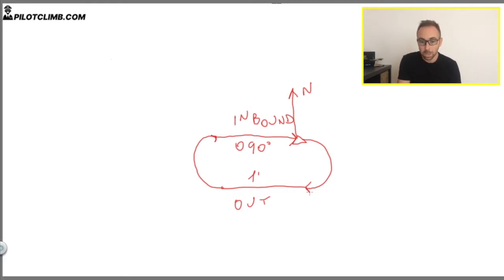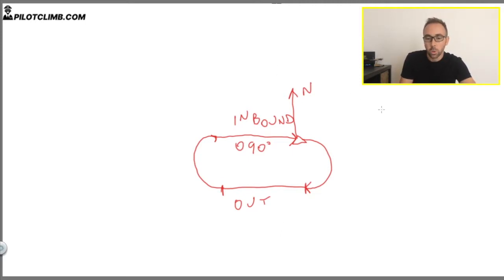For example, if you take this holding pattern, instead of making it with time, we make it with distances. We can say that the distance from here to there is 5 nautical miles, so we know that this segment is 5 nautical miles long. So as you can see, the holding patterns can be built by time or by distance.